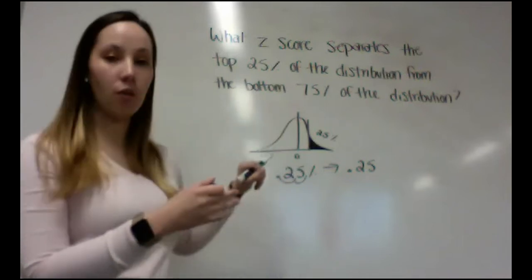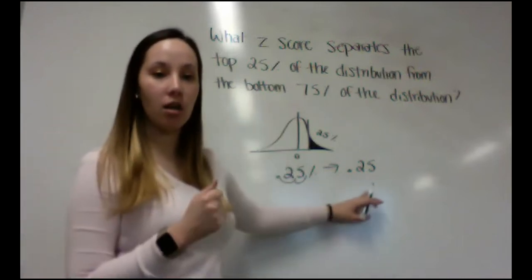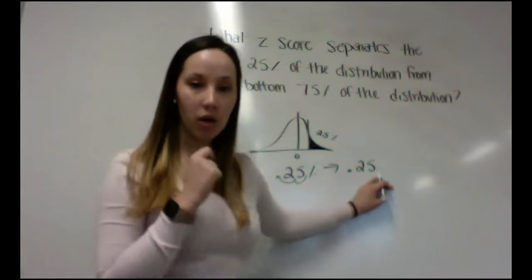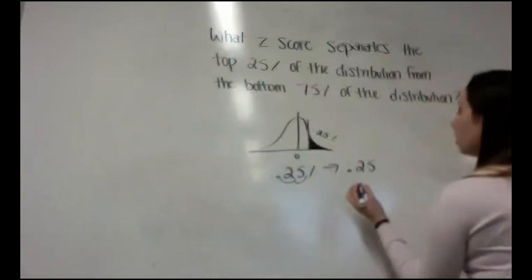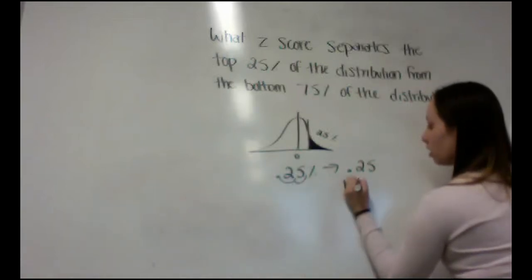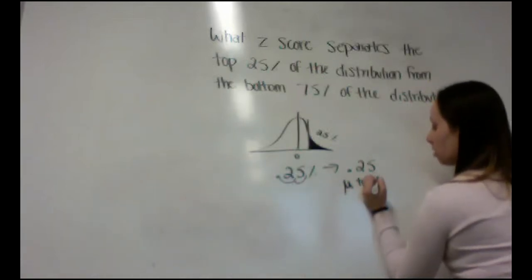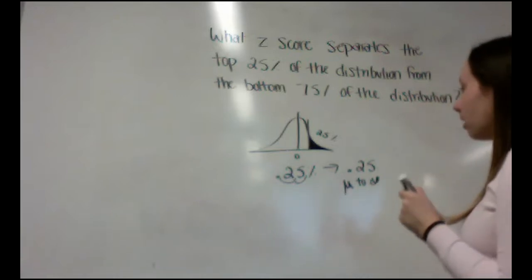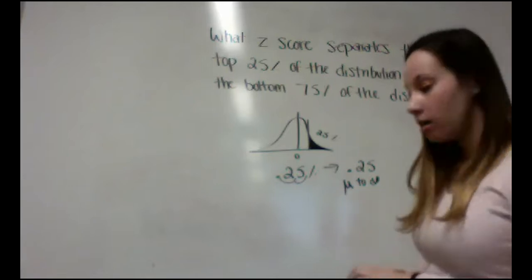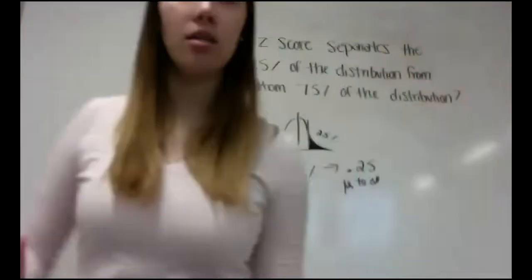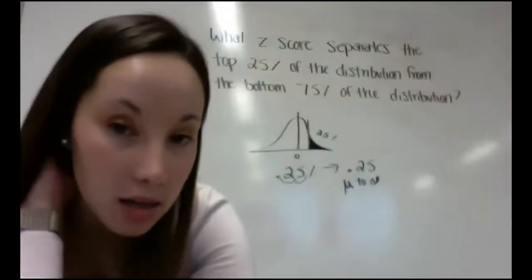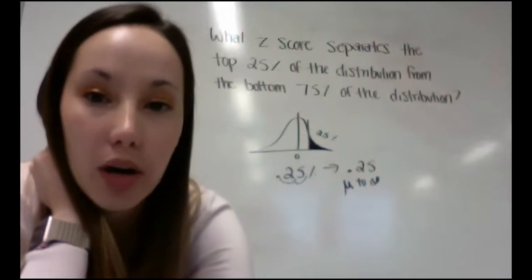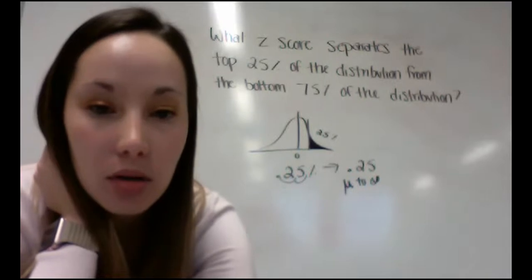So in the z to infinity column on the z-table, we're going to look for whatever number is closest to 0.25. Not a very pretty infinity symbol, but that's okay. So we're going to look at our z-table to find what z-score is closest to the value of 0.25.